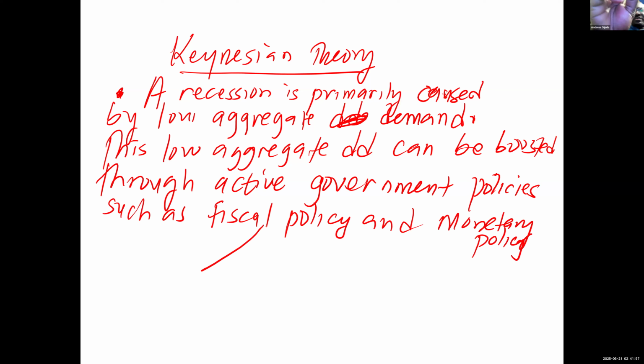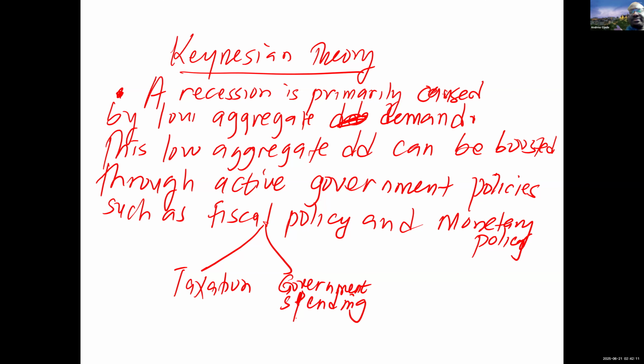Fiscal policy involves what? Tax policy, taxation policy, and government spending policy. This is controlled by Congress. It's the US Congress that controls government spending and tax policy. Monetary policy is controlled by the Federal Reserve.